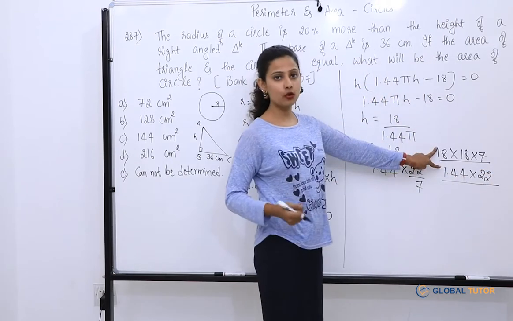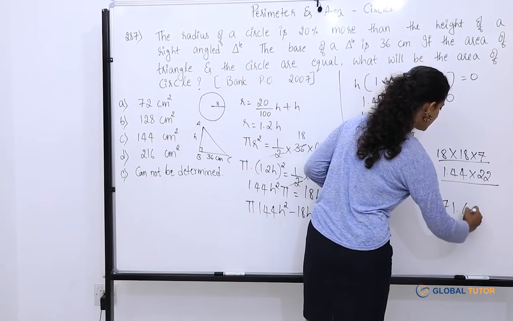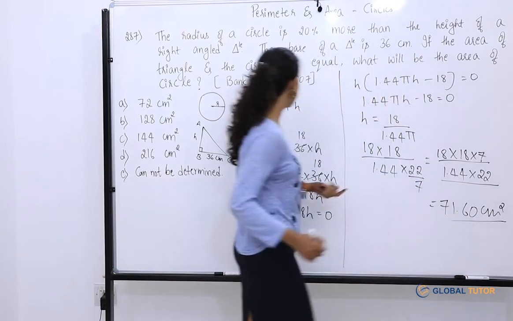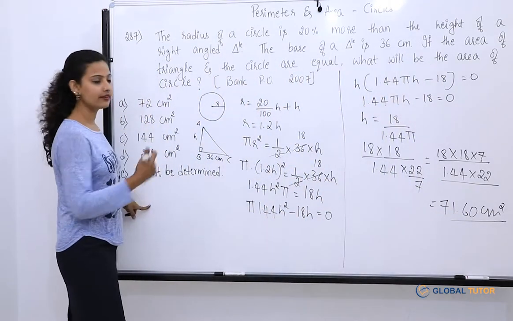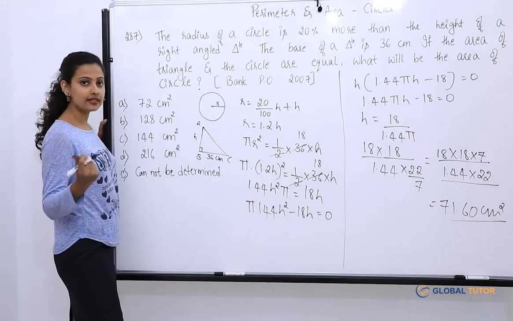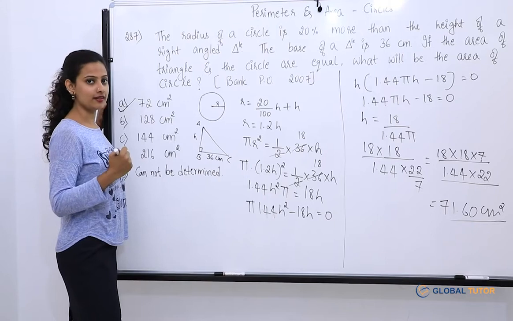When you actually solve this, you get answer 71.60 centimeter square. In the options, you don't have 71.60, but we have a very close answer which is 72 centimeter square. So option A will be the right answer.